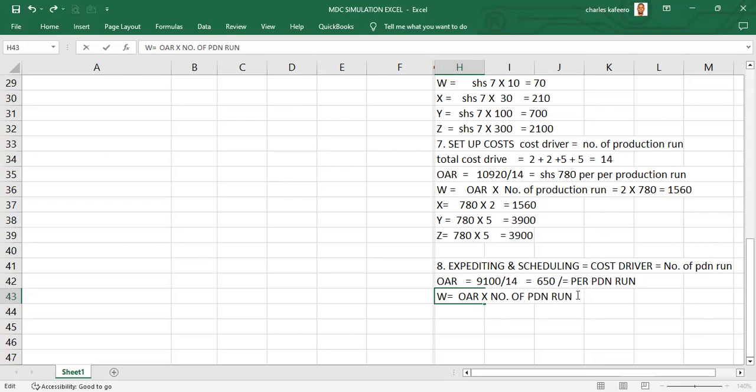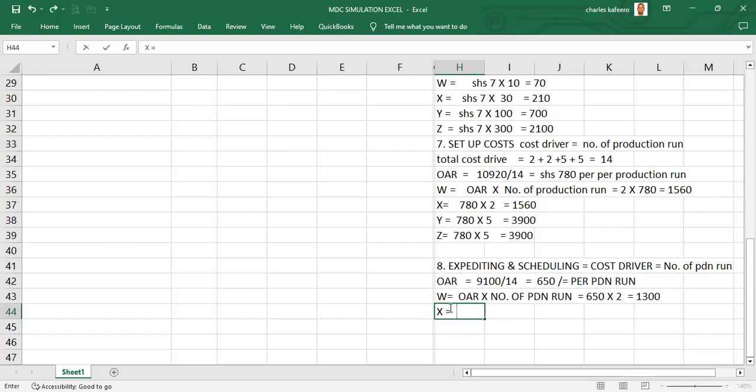So we take 650 and multiply by 2, which are the number of production run that were used in product W. And that will give us 1,300. We go to product X.